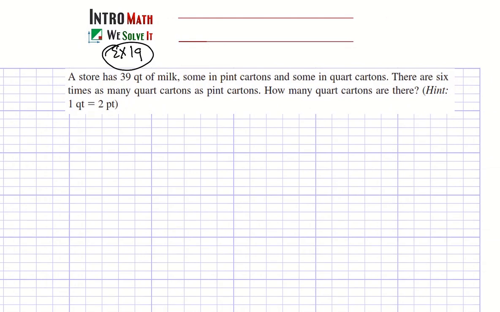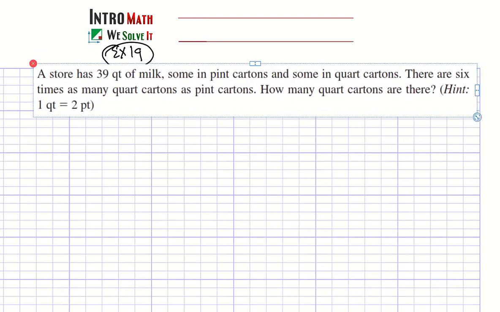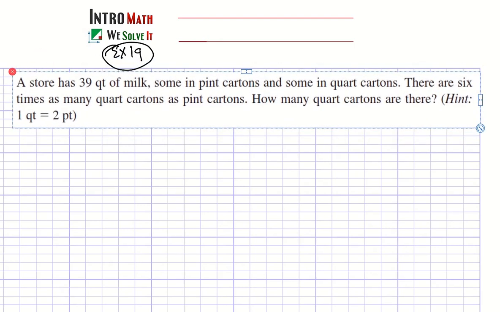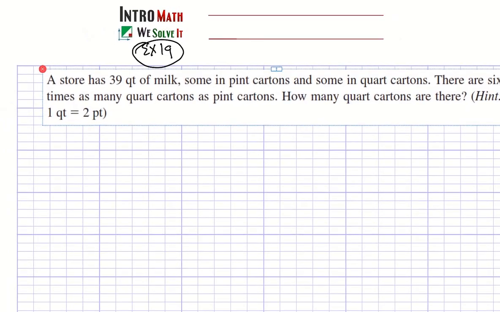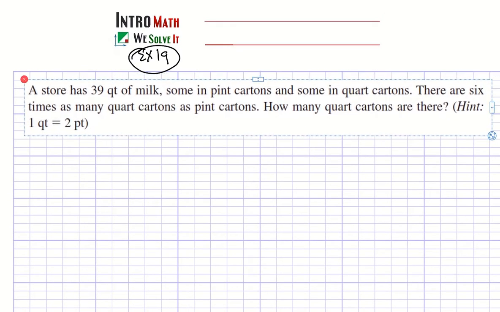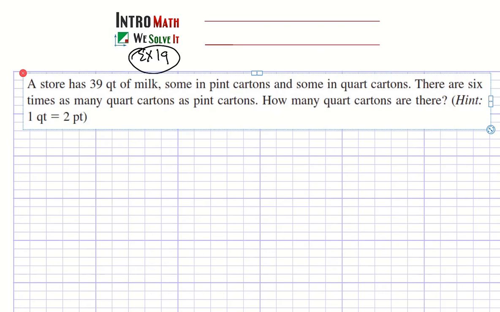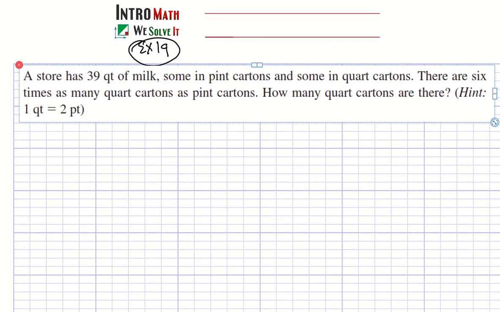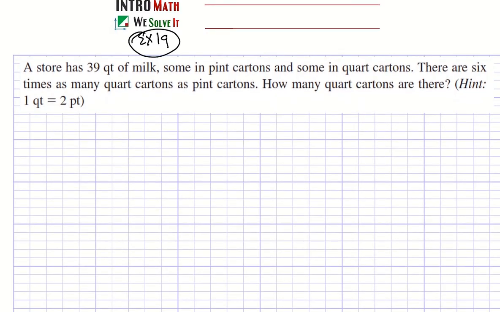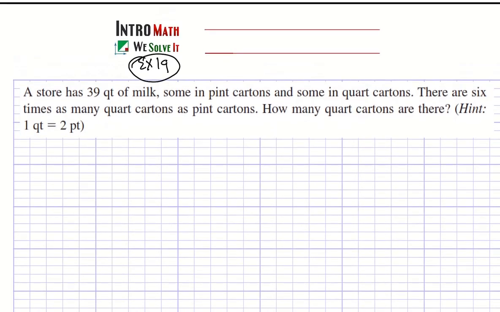Let's make this a little bigger, that way when the video is playing, people can see it. Make it as large as possible. So you see what that is saying? A store has 39 quarts of milk, some in pint cartons, some in quart cartons.